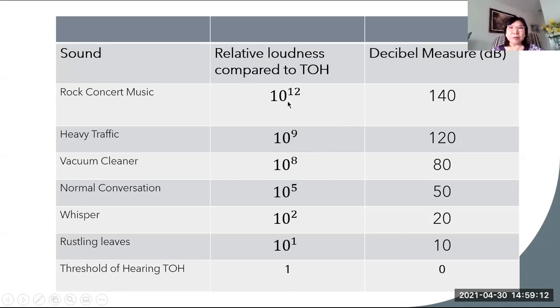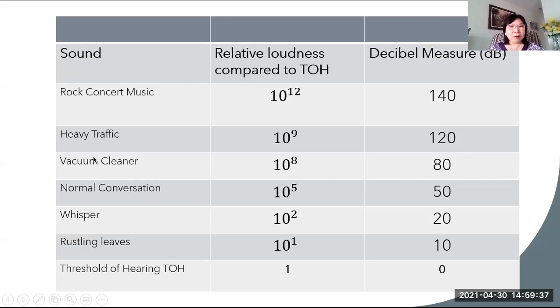So rock concert music is very loud. It's 10 to the power of 12, which is 140 decibel. Then heavy traffic is 10 to the power of 9, which is also very loud and represented by 120 decibel.